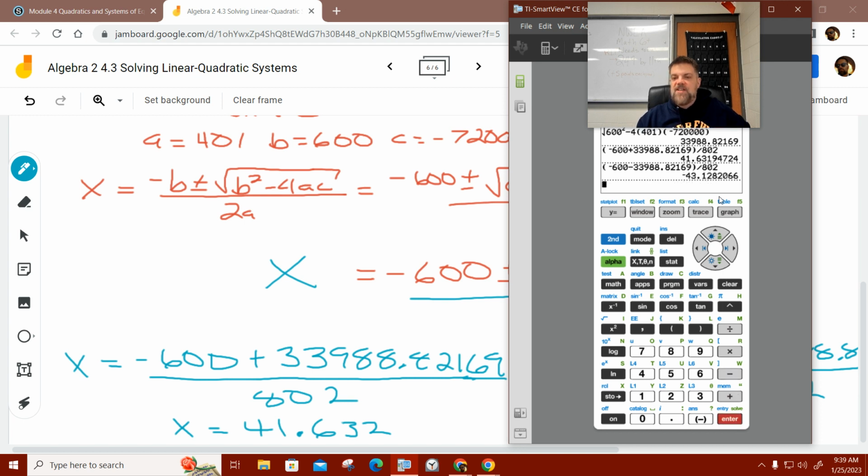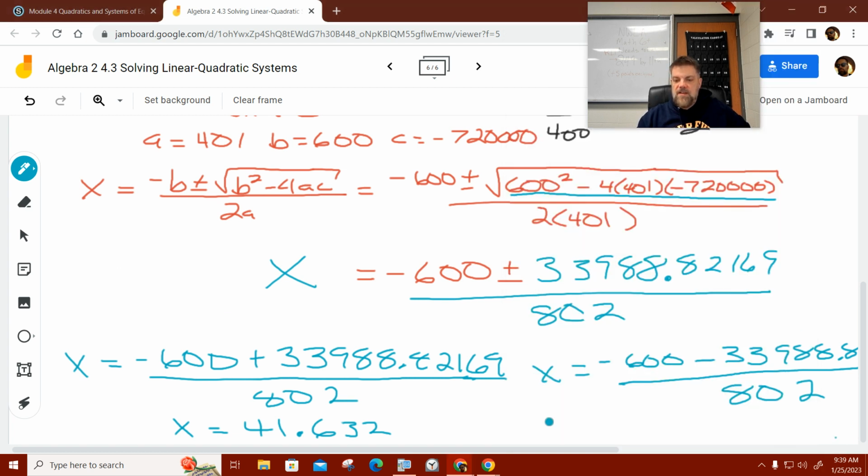If I plug that in there, there's the other number, negative 43.128. So negative 43. Okay. And that's it.